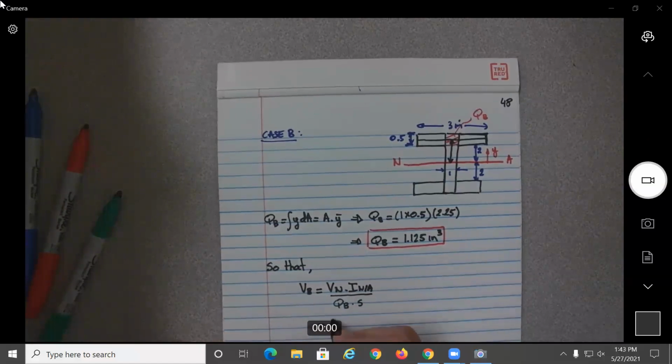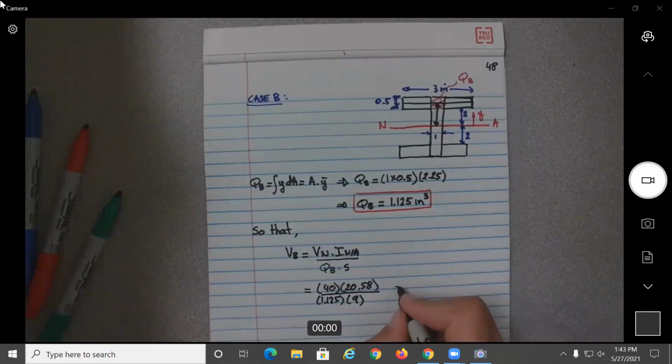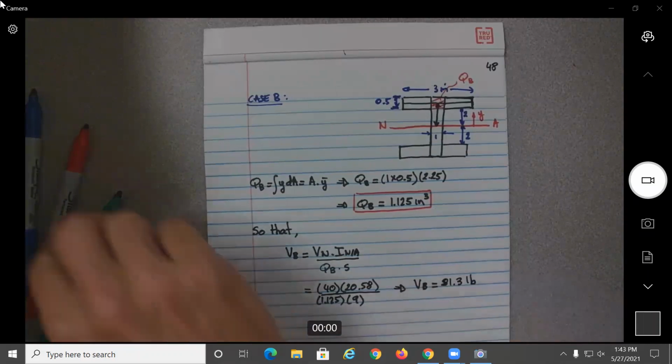So this is equal to 40 times 20.58 divided by 1.125 times 9, which gives you that V B equal to 81.3 lb.